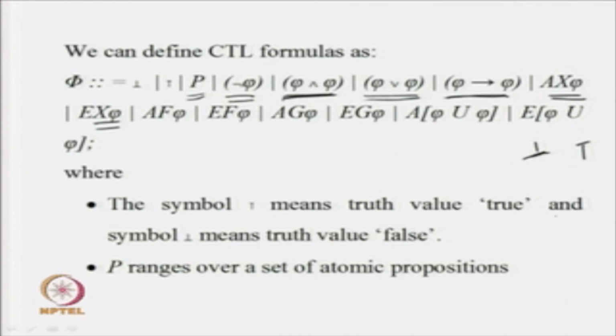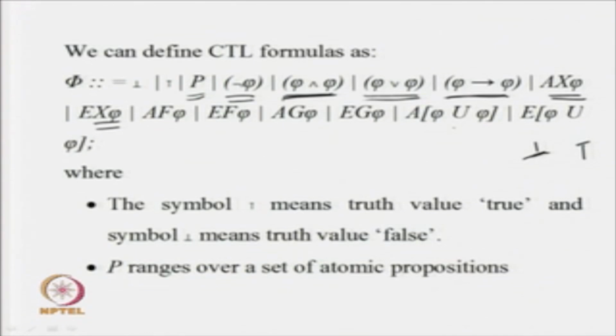Similarly, for the future operator, we have A F phi and E F phi. That means with path quantifiers A and E, we get two CTL formulas. Similarly, for globally, G phi, we have two CTL formulas, A G phi and E G phi. Next, we have the until operator, which is a binary operator.